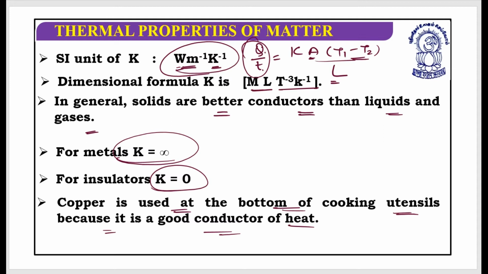That's why, if a steel spoon, or any object made of metal, has one end connected to a source of energy, the other end gets warm almost instantly. I hope this is clear.